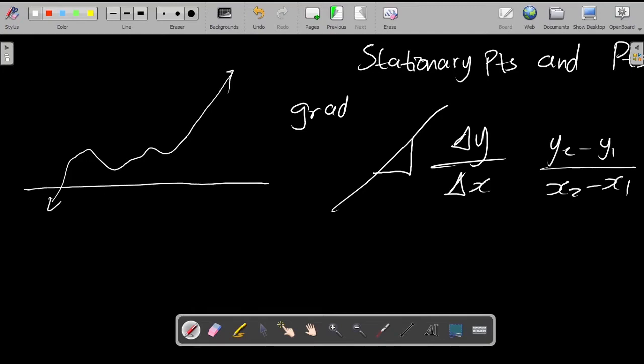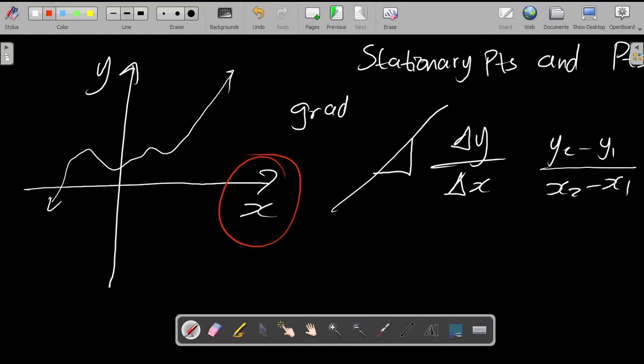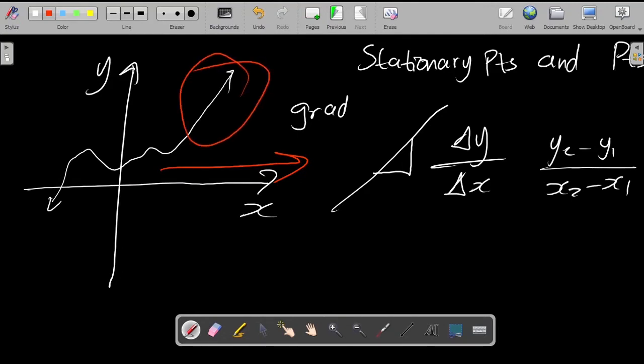If you look at this, as you increase your x values, let's see what happens. You always look at your function as a function of x in the xy plane. So as you increase your x values, which means as you go to the right, what happens to the y values? That should be your question.